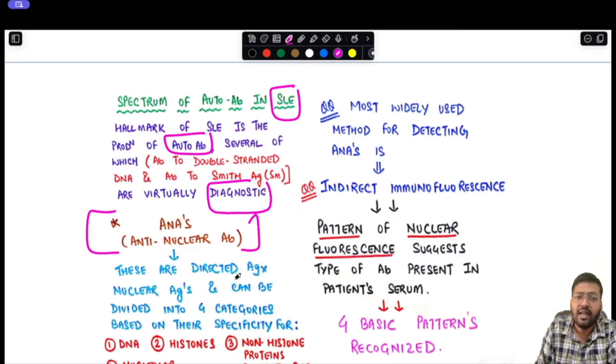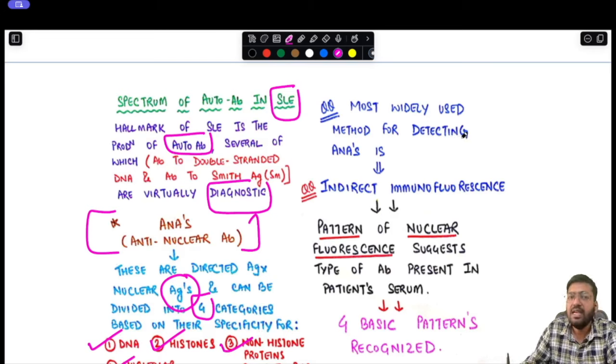They are directed against nuclear antigens and can be divided into 4 categories based on specificity: antibodies against DNA, against histone components, against non-histone proteins, or against nucleolar antigens. The most widely used method for detecting anti-nuclear antibodies is indirect immunofluorescence.